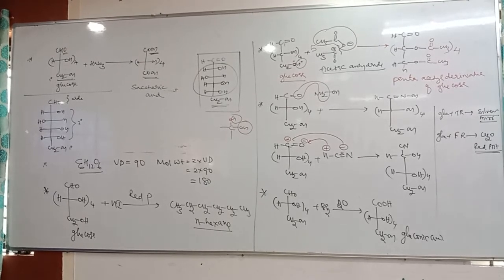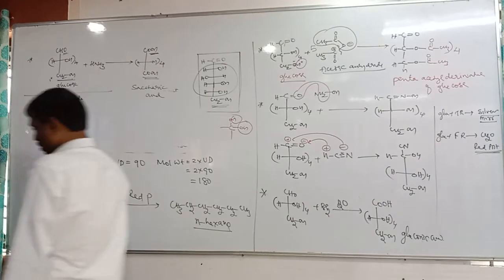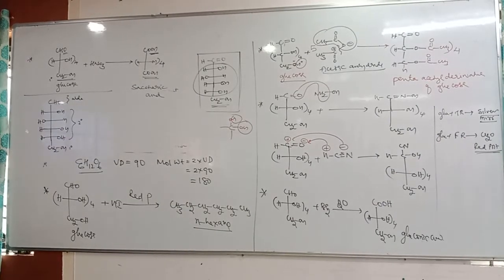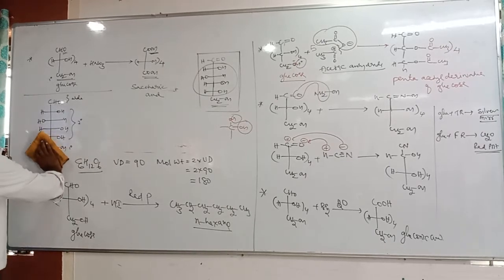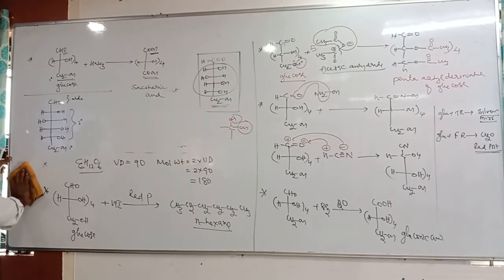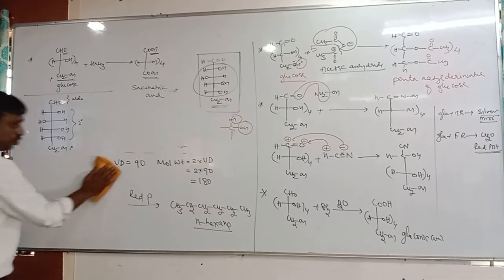Next, glucose reacts with acetic anhydride to form the pentaacetyl derivative of glucose.